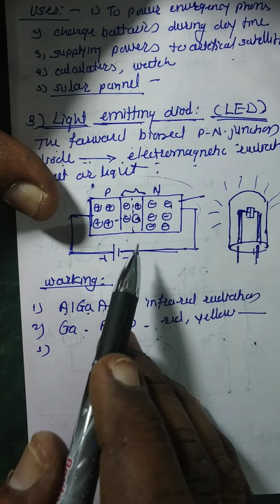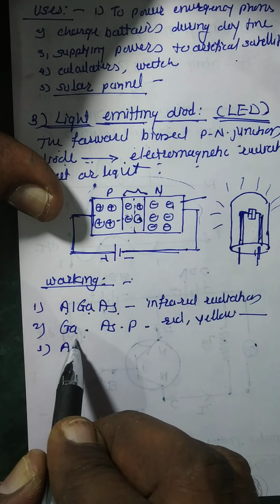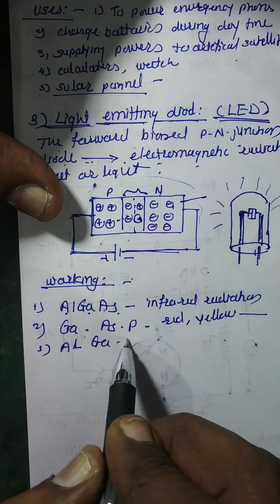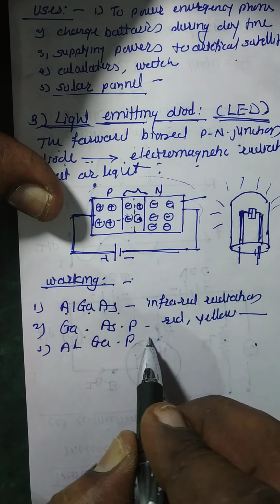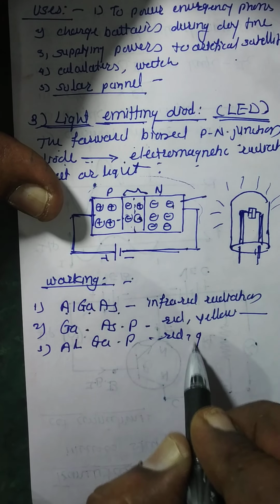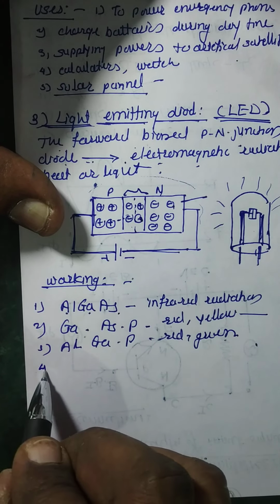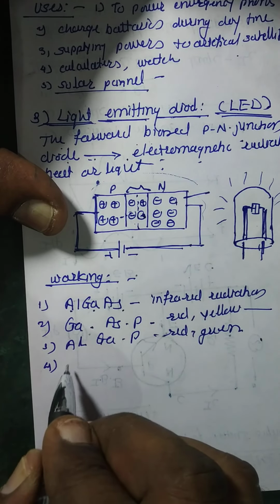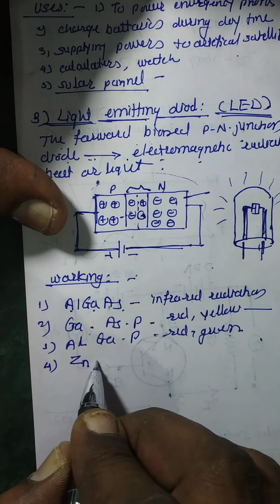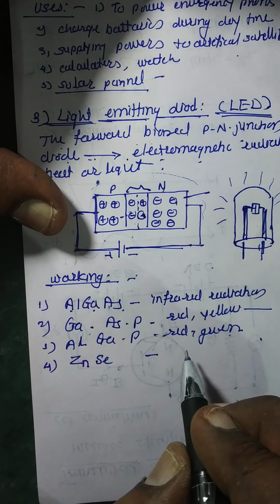Third, when an LED is manufactured using aluminium gallium phosphide, then it emits red and green radiations. And when an LED is manufactured using zinc selenide, then it emits blue light radiations.